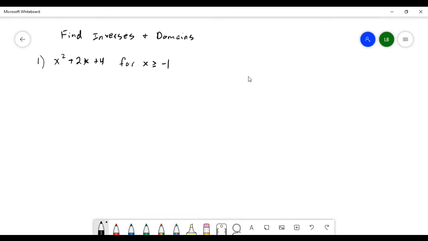This function is only defined for x bigger than or equal to -1. Just a quick statement. And then our second question is going to be y equals 4e to the 3x minus 1. Let's go ahead and give those a try. Just give me a heads up when you finish.